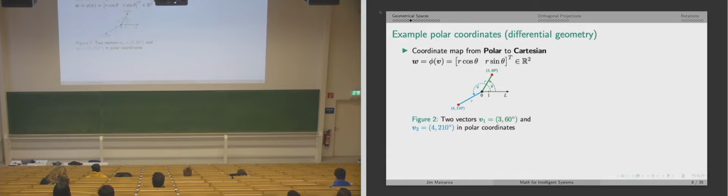So we have 1, 0 if we're in 2D, and then 0, 1. So x and y.